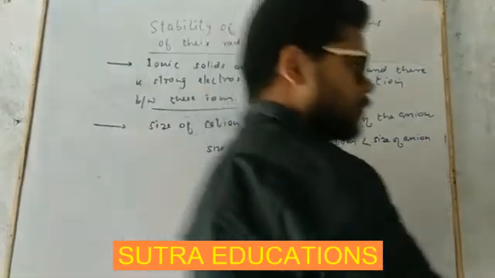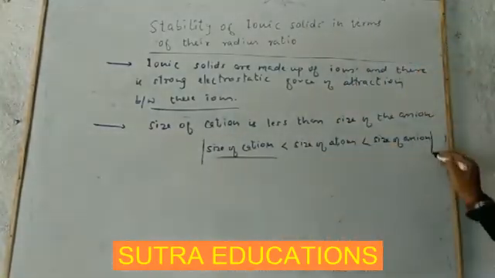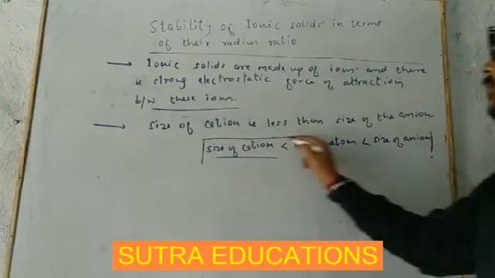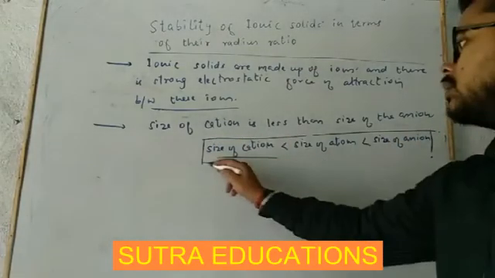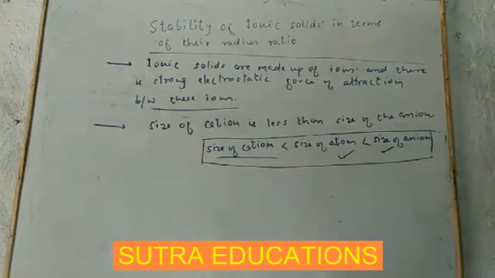Getting? Means size of cation is always less than the parent atom, and size of anion is always greater than the parent atom. So this is the order of size of cation, atom and their anion.